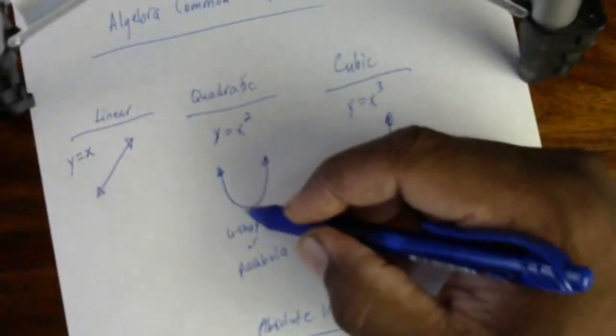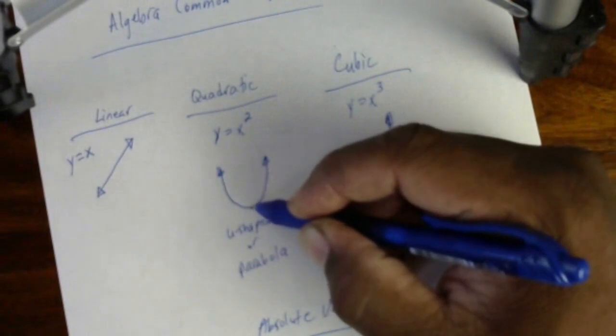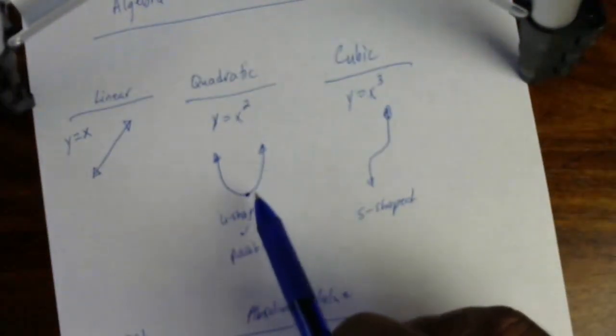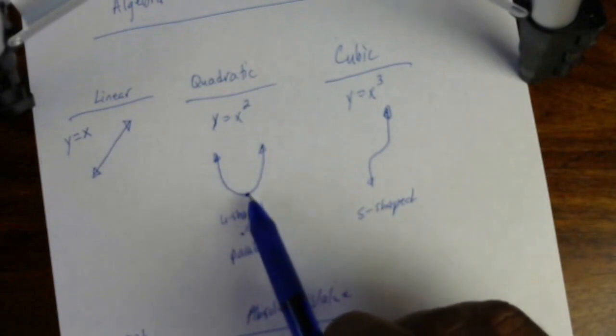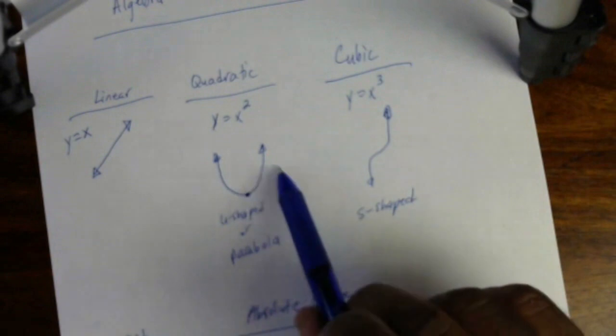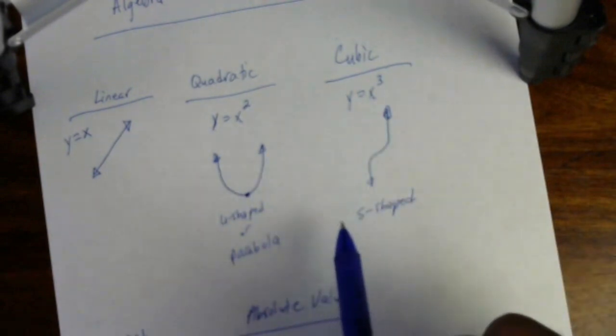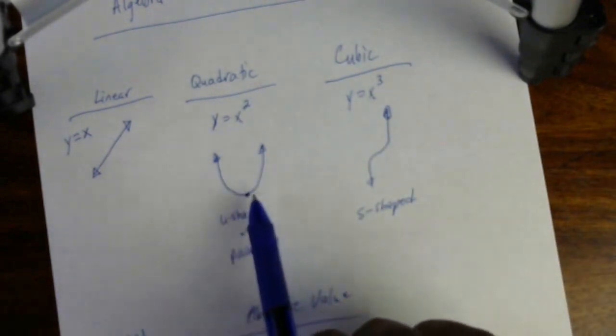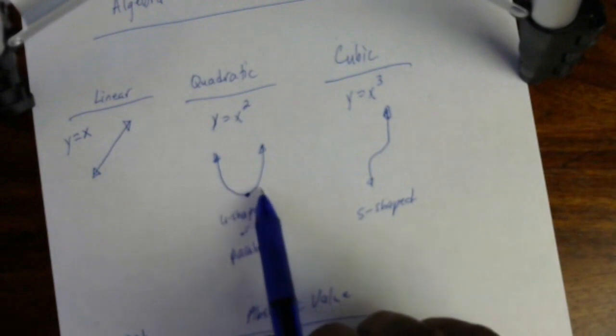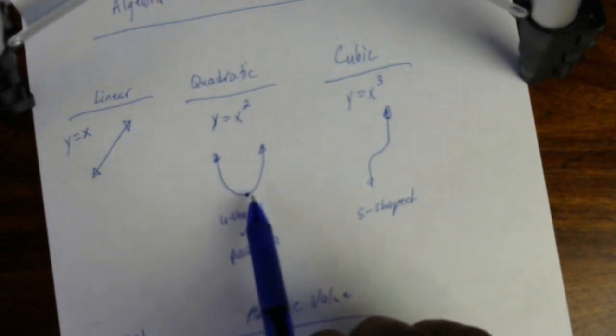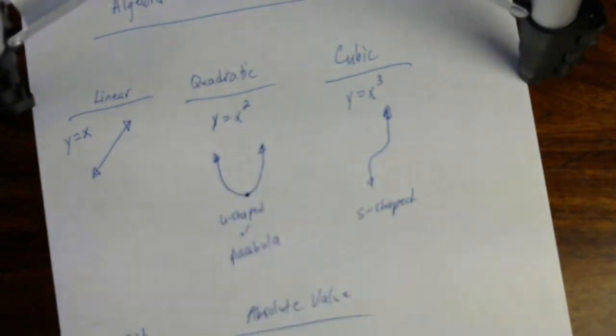And then it gets to a certain point, and we're going to talk about this point later. That point is called a vertex. Once it hits the vertex, this graph then begins to increase. So it decreases first until we get to a point called a vertex, and then once it hits the vertex, it increases.